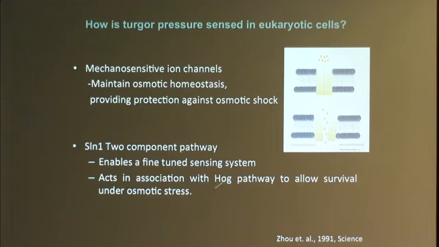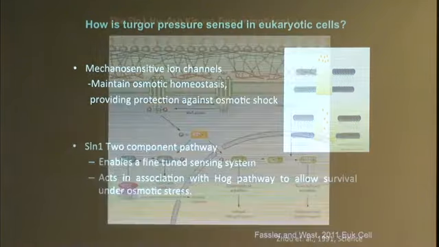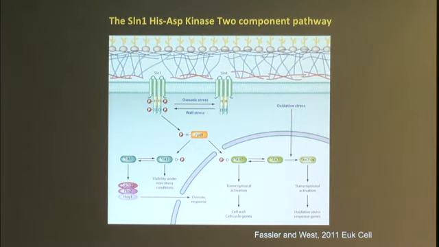The other one is the SLN1 two-component pathway. These have been studied in bacteria for a long time. This pathway is basically a phosphorylation mechanism. SLN1, this kinase, somehow senses the cell wall changes, the tension on the membrane. Then this induces some phosphorylation mechanisms, and this induces gene expression changes and also some polarity changes.